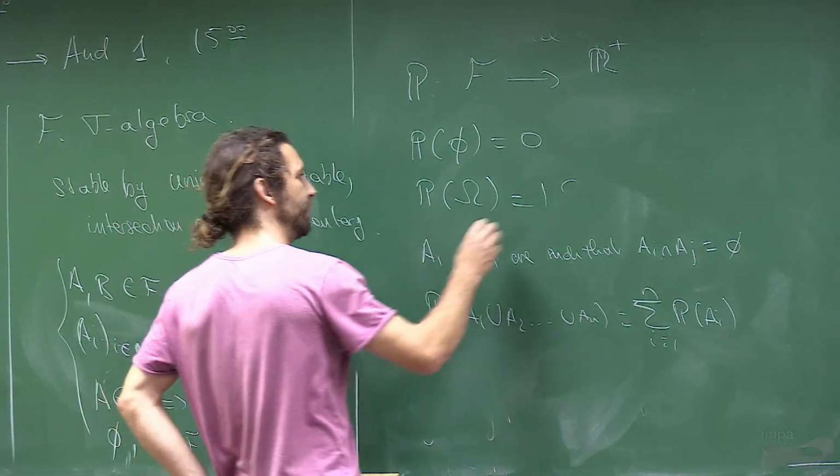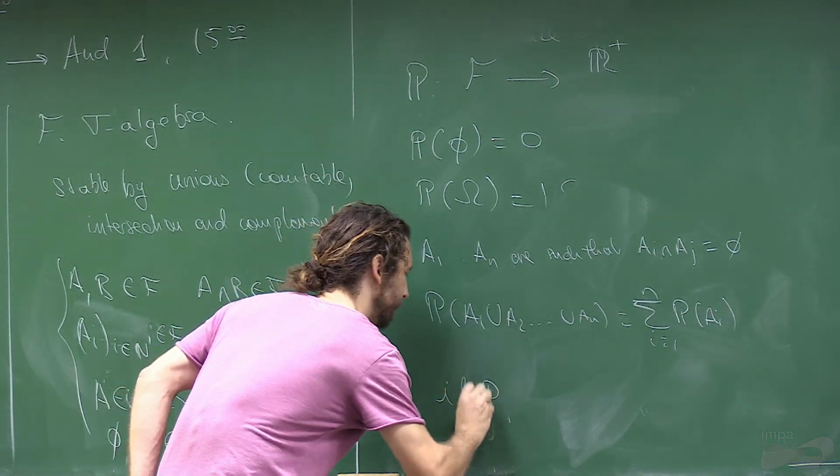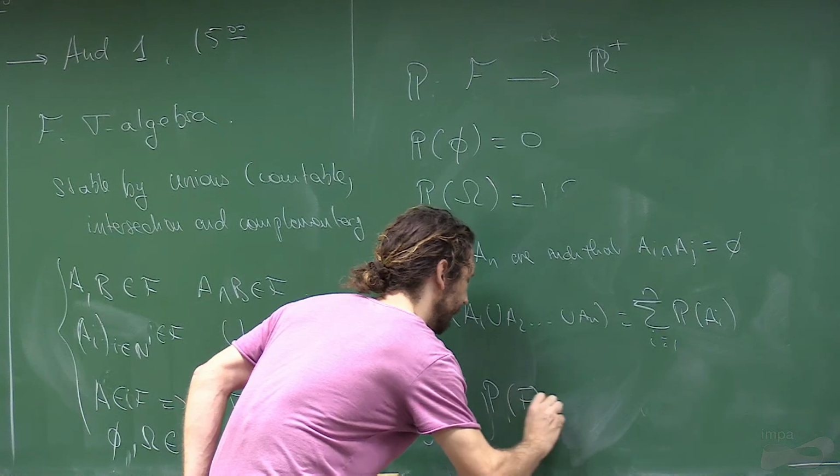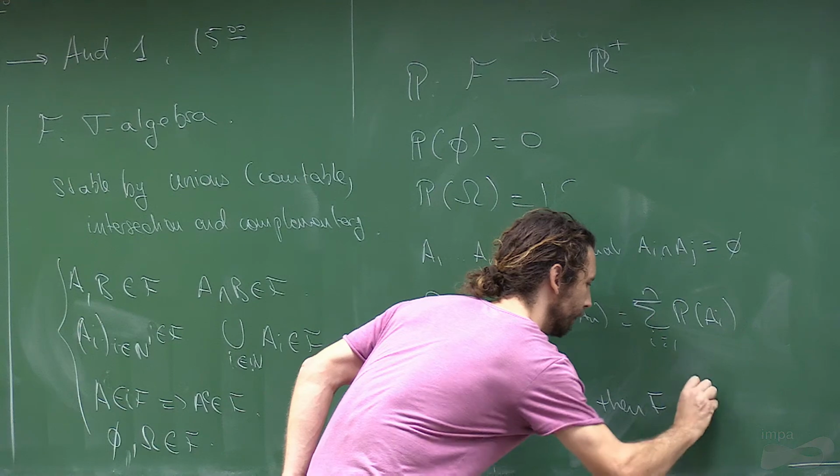An event for which P of F equals 1 is called almost sure.